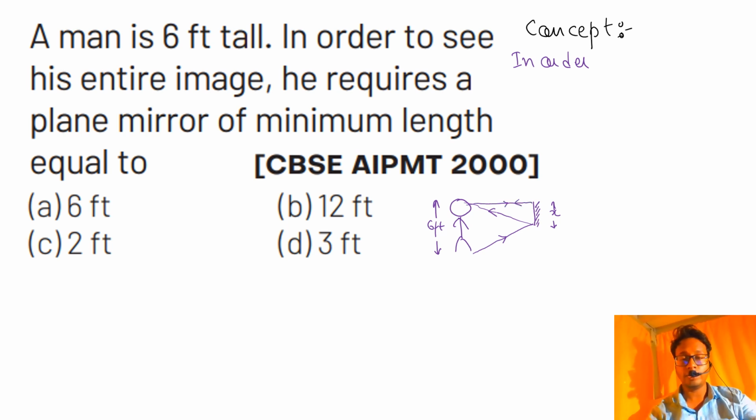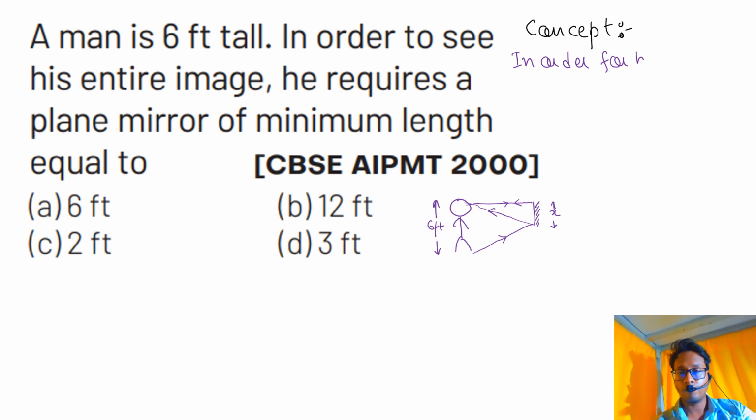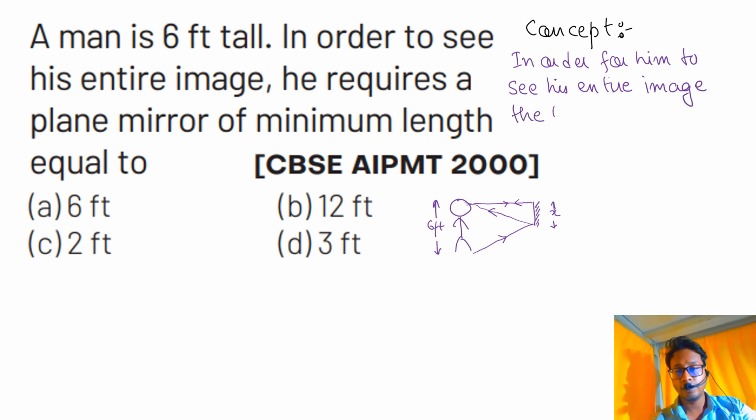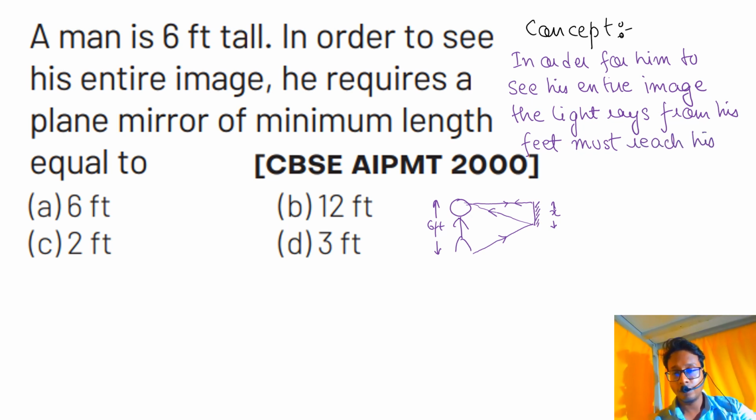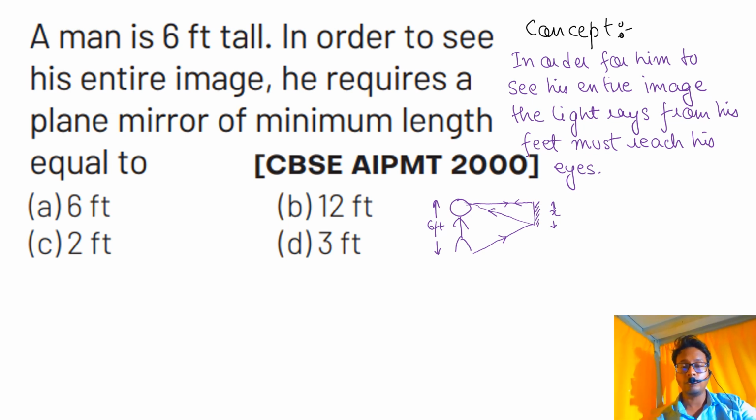So this is our main concept: in order for him to see his entire image, the light rays from his feet must reach his eyes.